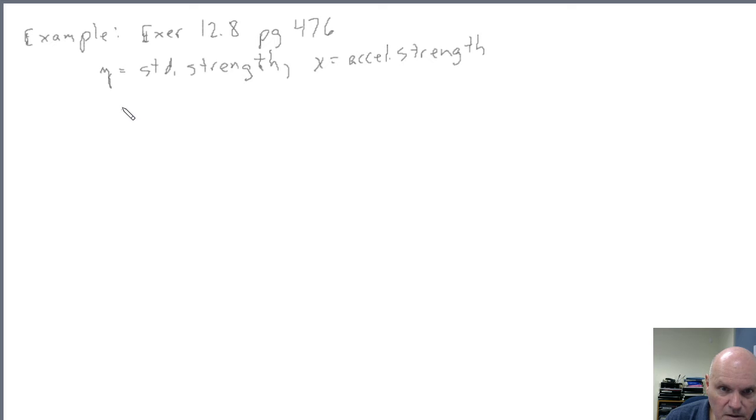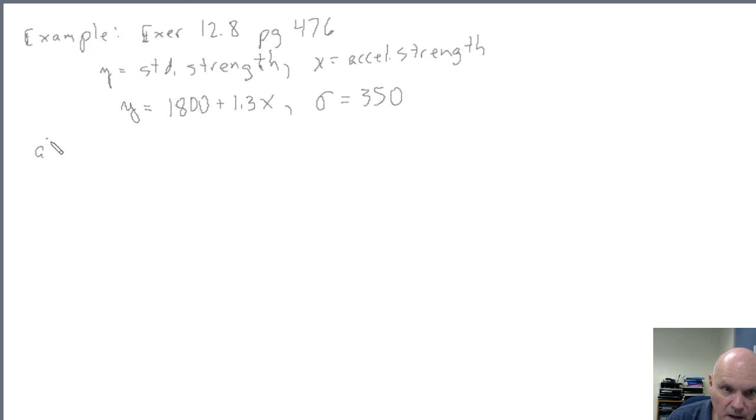Now, the regression line is given as y is equal to 1800, that's the intercept, plus 1.3 times x. We'll see in the next video how to actually compute the parameters of this regression line. But in this problem, the regression line is given, and the standard deviation of the deviations is 350.